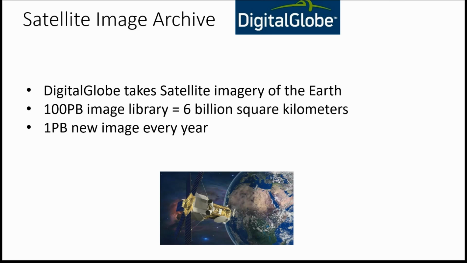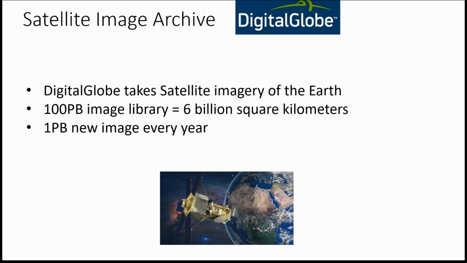The second is DigitalGlobe, which you might be familiar with. They have many satellites that constantly are taking lots of images of the Earth around the world. Before their transition to AWS, DigitalGlobe stored all of that in a combination of on-premise disk and tape libraries. They have an over 100 petabyte image library consisting of 6 billion square kilometers and basically generate new images every year via their network of satellites.